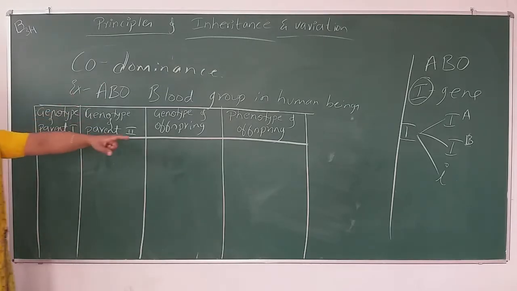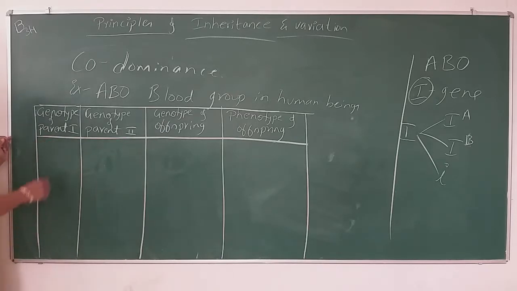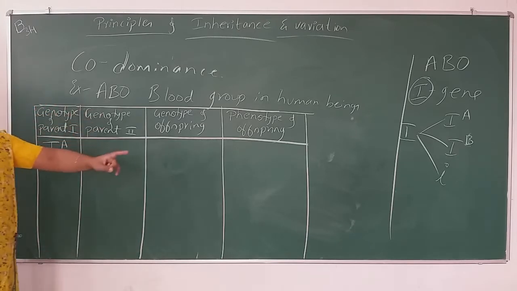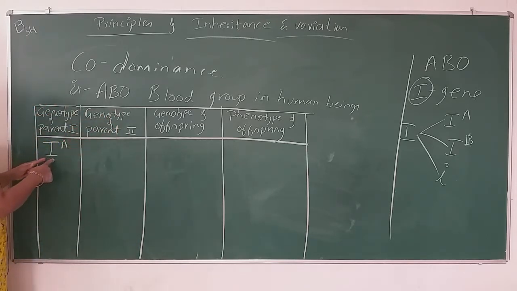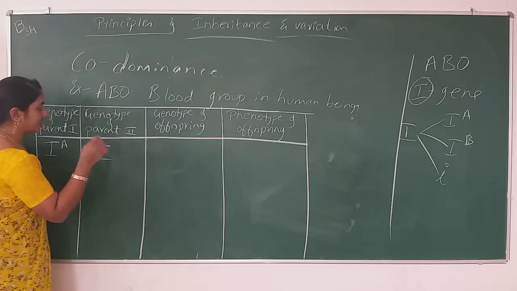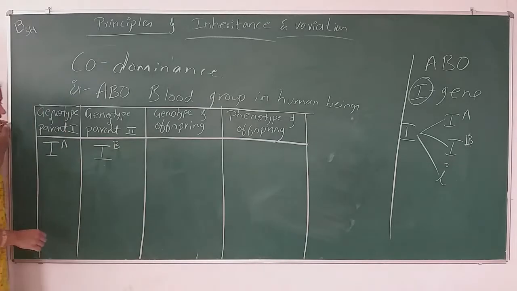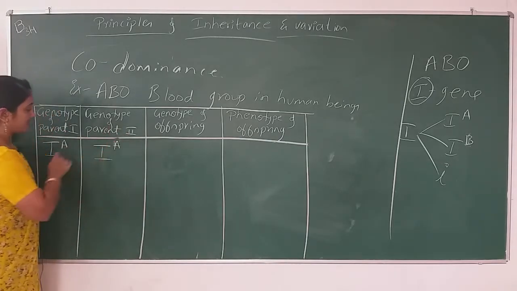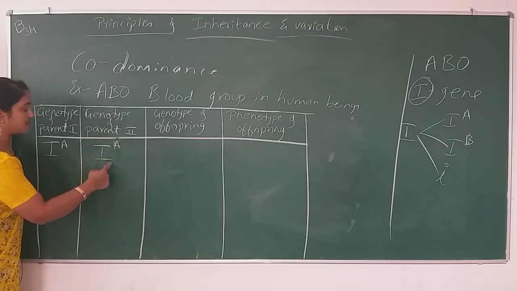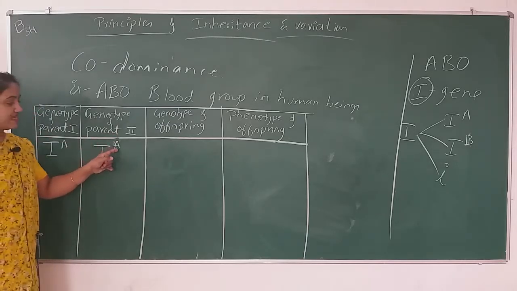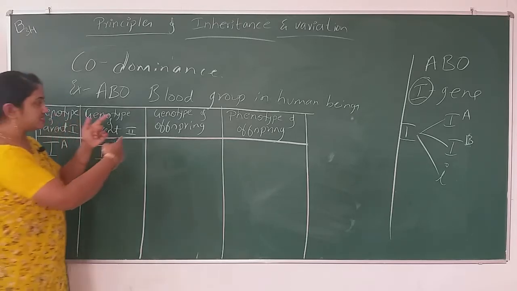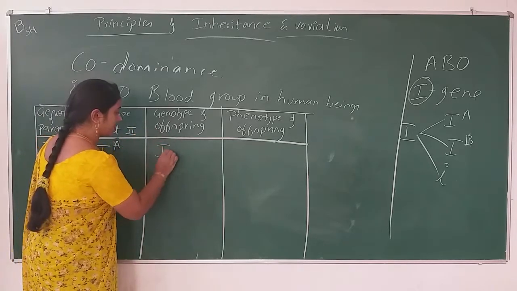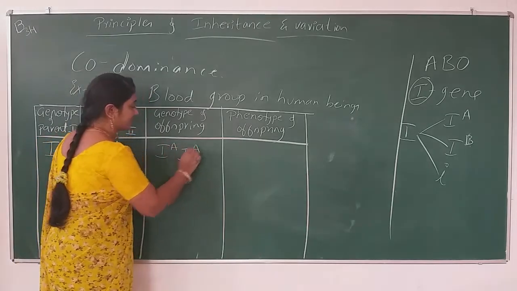All right. So I'll write one possible. Any out of three, I'll write any one genotype here. I'll write the IA first. If a man having IA genotype marries a woman having IA, the same genotype, the genotype of the offspring will be IA and IA.